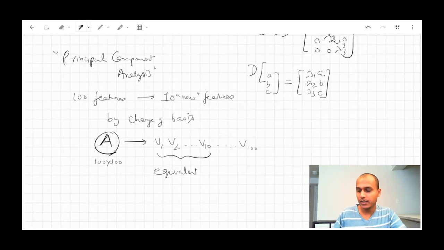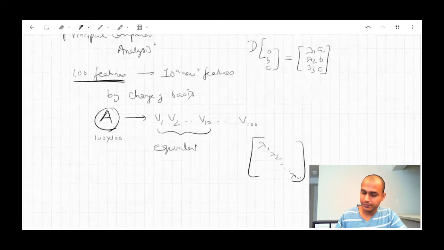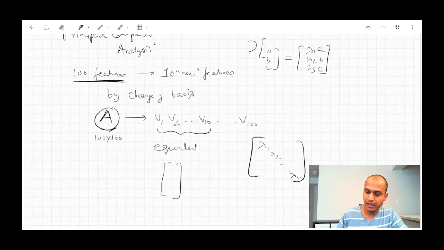So what we're going to do is a change of basis of these 100-dimensional observations into the second basis system, where the diagonal matrix has the eigenvalues ordered in decreasing order of magnitude: lambda 1, lambda 2, all the way to lambda 100. For every original observation vector with age, income, education, and so on, maybe there are 100 numbers, and in the second system we'll have an equivalent vector.